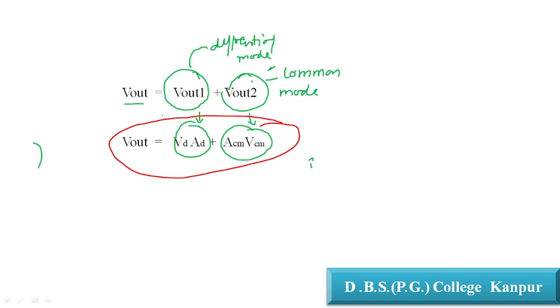In some questions the gains are given as simple values and some in dB, so first convert both quantities, differential gain and common mode gain, into the same form: simple gain to dB or dB to simple gain. Both conditions appear in questions, so we discuss them properly.